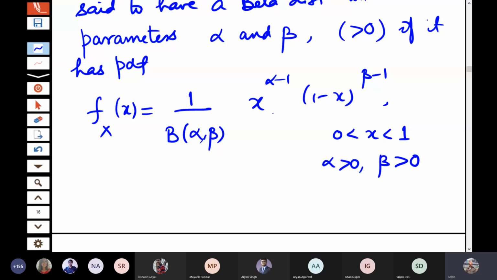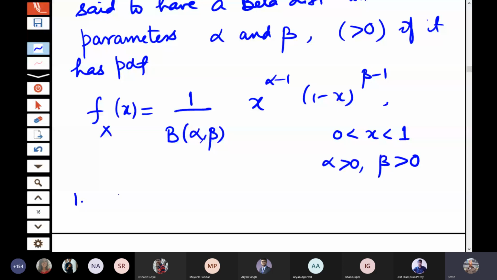Now there are two parameters and it can give rise to a large number of distributions by choosing alpha and beta appropriately. Suppose I take alpha equal to 1 and beta equal to 1, then it is nothing but the uniform distribution on the interval 0 to 1. Okay.